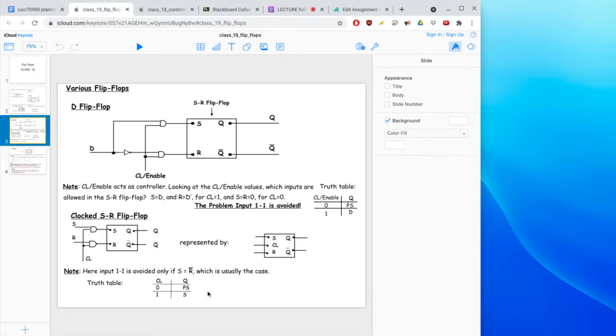We do want the value to be preserved during a clock cycle, but you'll see in the next slide that at the next clock cycle, it should be able to accept a new value. And that's what it does. On the off cycle, it will preserve the previous state.